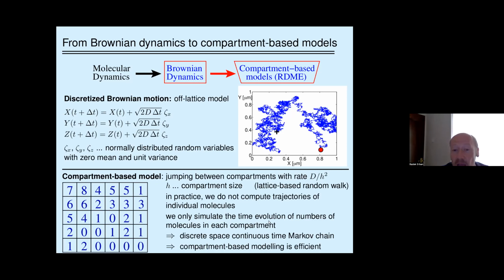We only simulate the time evolution of numbers of molecules in each compartment, which mathematically leads to a discrete space, continuous time Markov chain. It can be simulated in a similar way to how the Gillespie algorithm simulates a well-mixed system of chemical reactions, which makes compartment-based modeling more efficient, and it has been used for various modeling of whole cell processes.